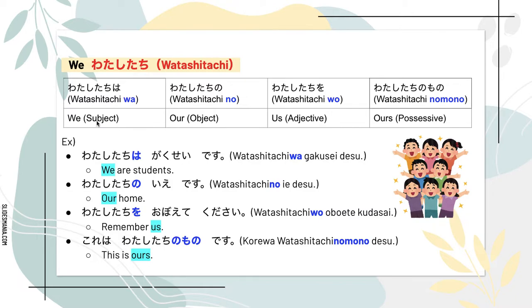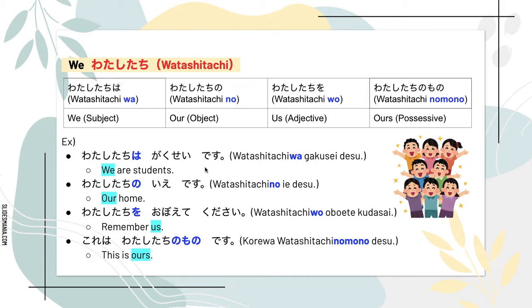So we would be 私たちは。Our would be 私たちの。Us would be 私たちを。Ours would be 私たちのもの。Let's use them in examples.